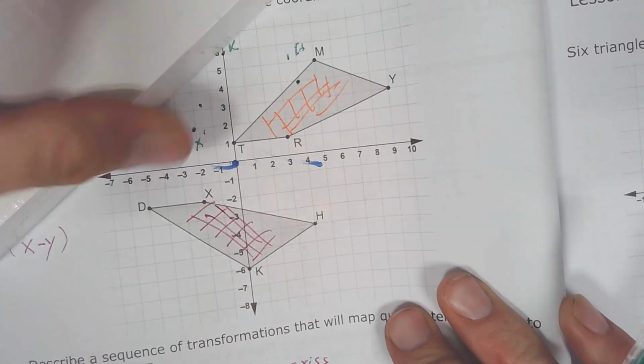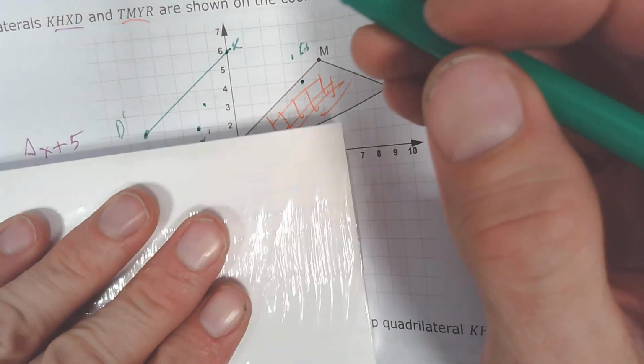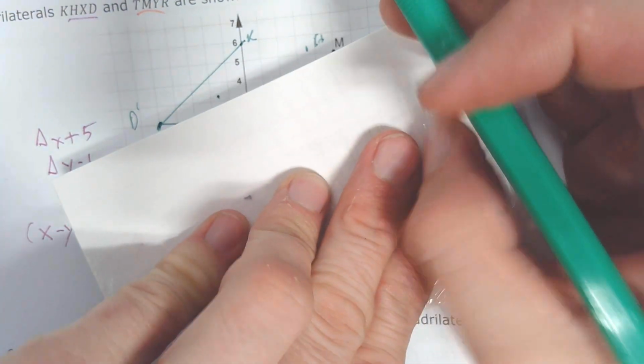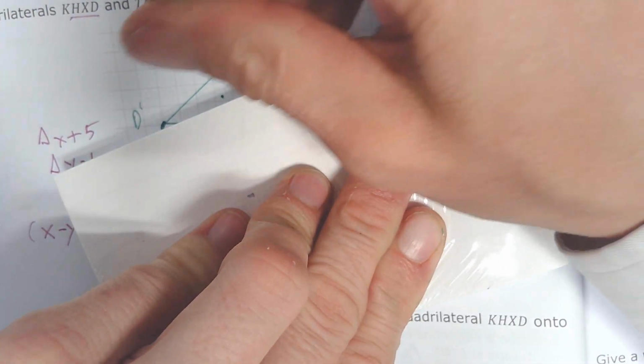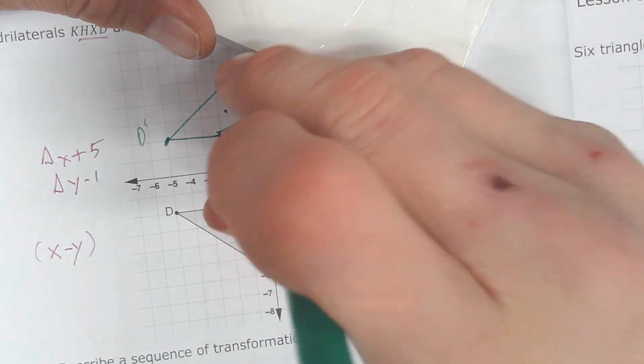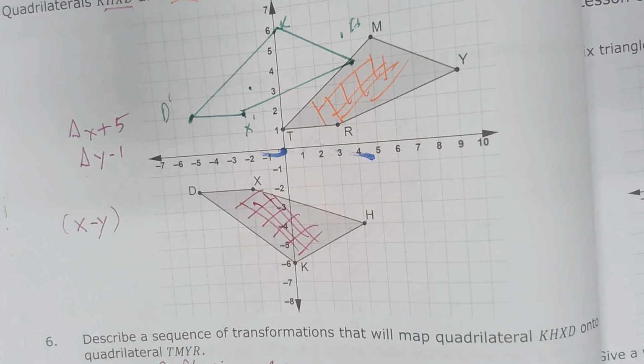Draw it all together. Now I will map each one of these to where it told me to map.